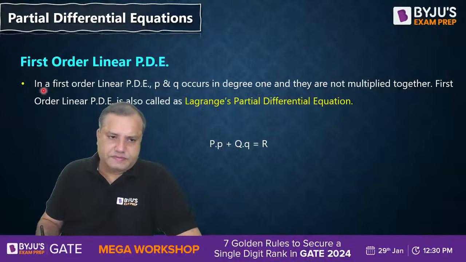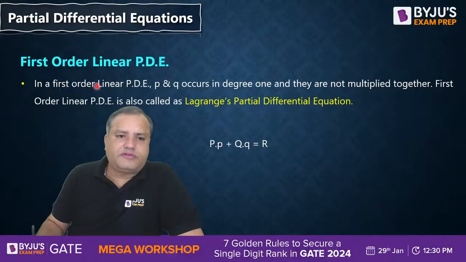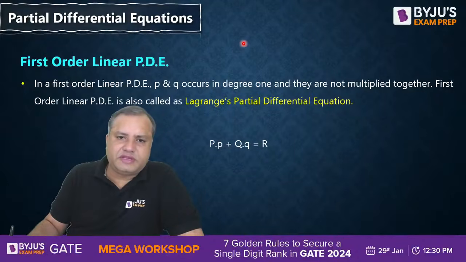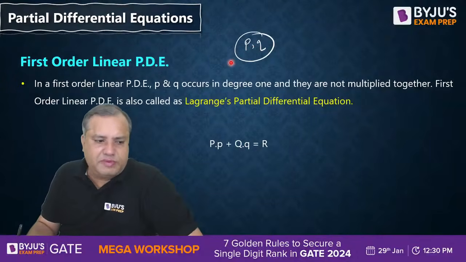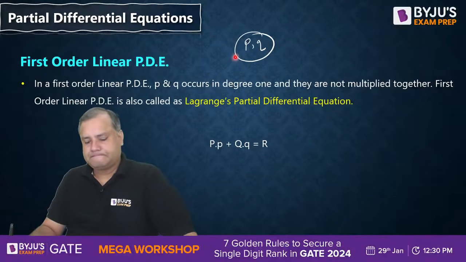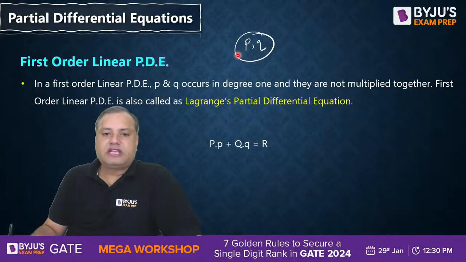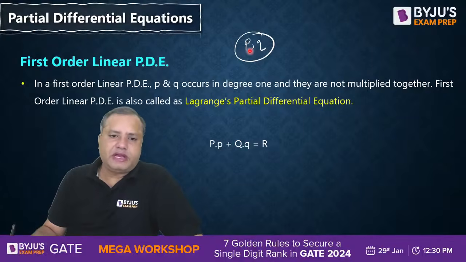See here, students. As we all know, a first order partial differential equation means it can have p and q only. As far as derivatives are concerned, only p and q will be there.